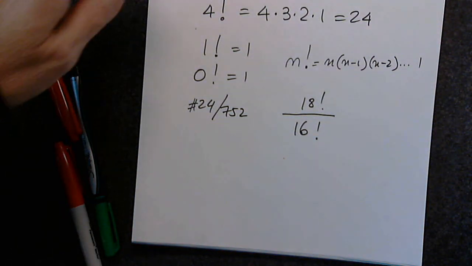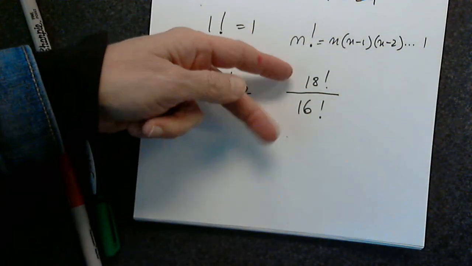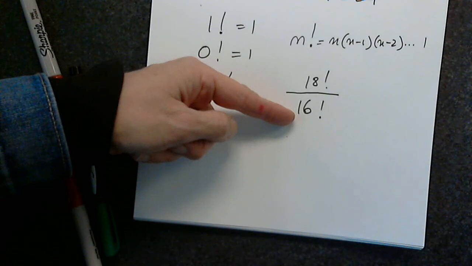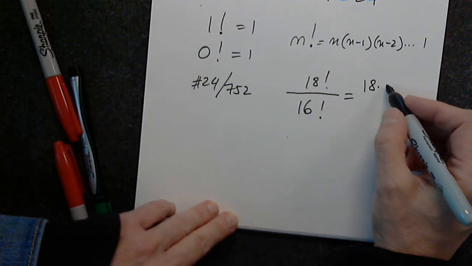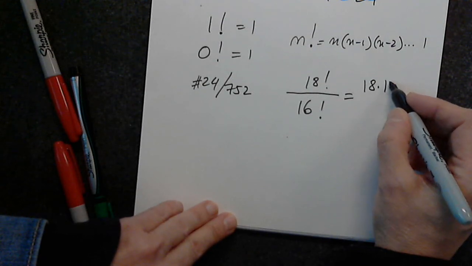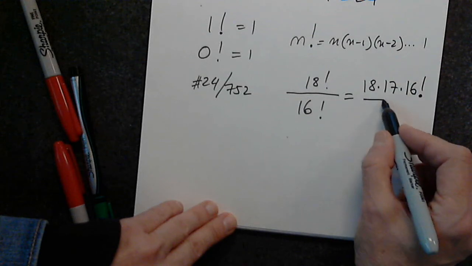Well, this is big, right? 18 factorial is 18 times 17 times... However, look at these two numbers. This is 18 and this is 16. So this is what I am going to do. 18. What is the next one? And the next one, and I'm going to stop. Why?